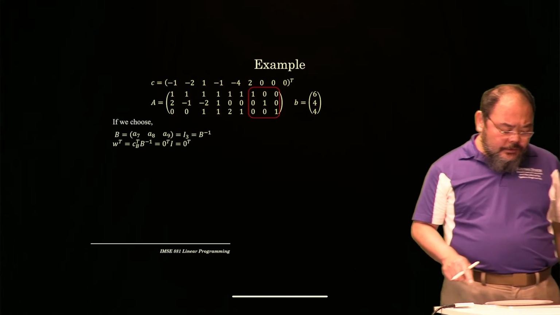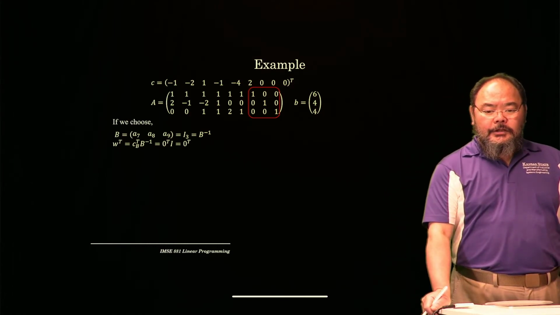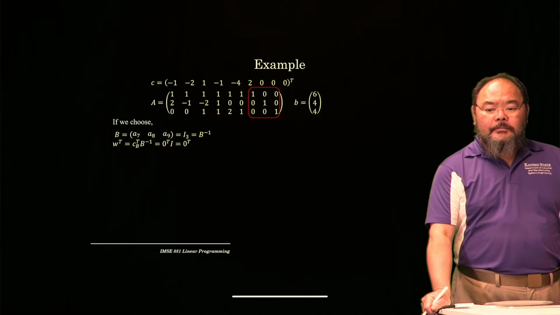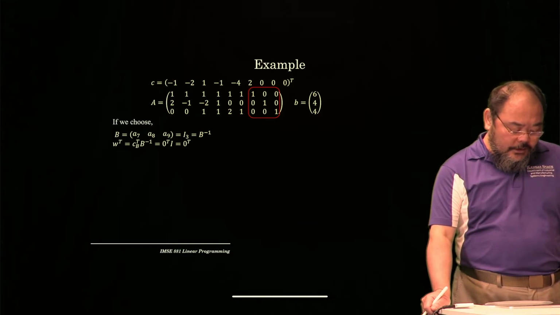If we choose the last three columns as the initial basis to start with, they equal the identity matrix, therefore the B inverse is also the identity matrix.